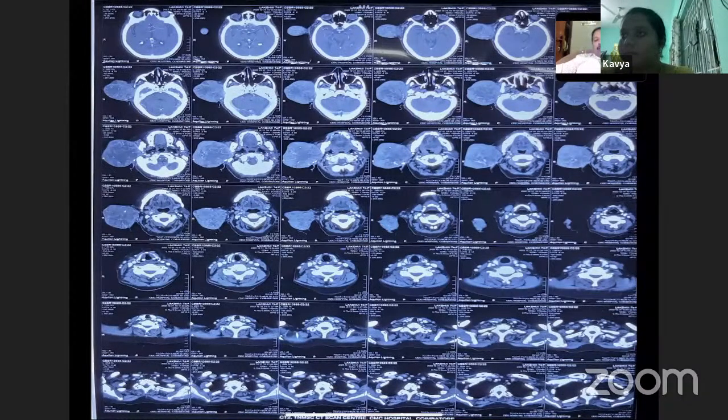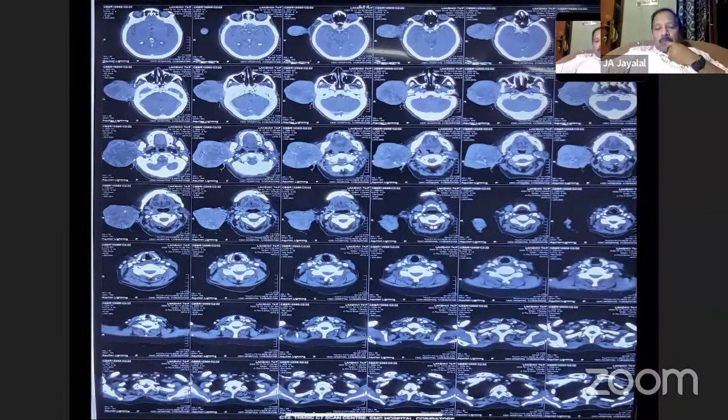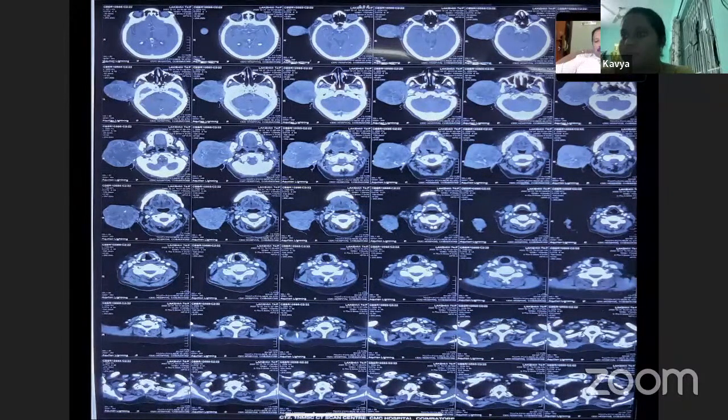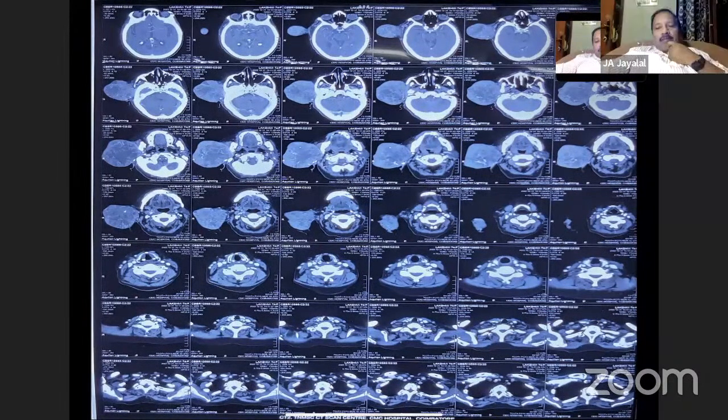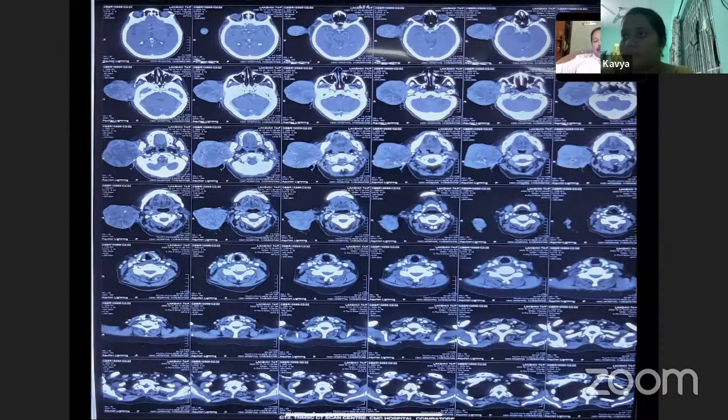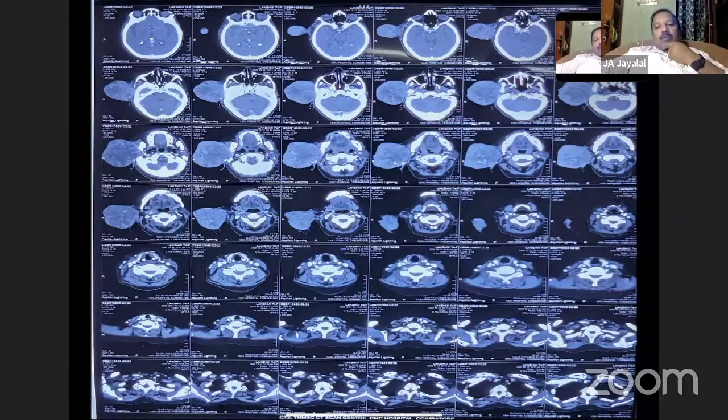Extra parenchymal involvement, infiltrating into surrounding structures like the masseter. Is it microscopic or macroscopic? Macroscopic. Microscopic involvement, even if found postoperatively, does not come under extra parenchymal involvement. You can make it out clinically or macroscopically. Yes, sir.